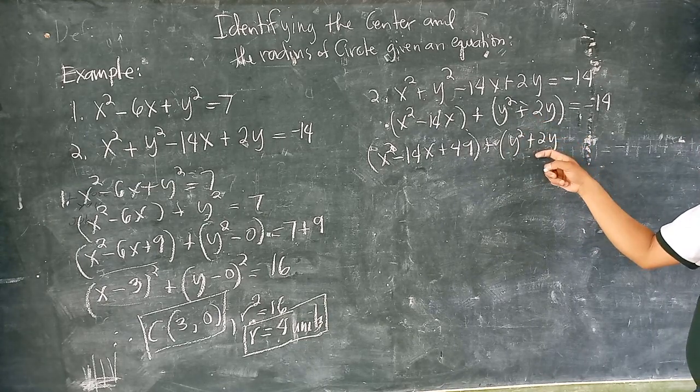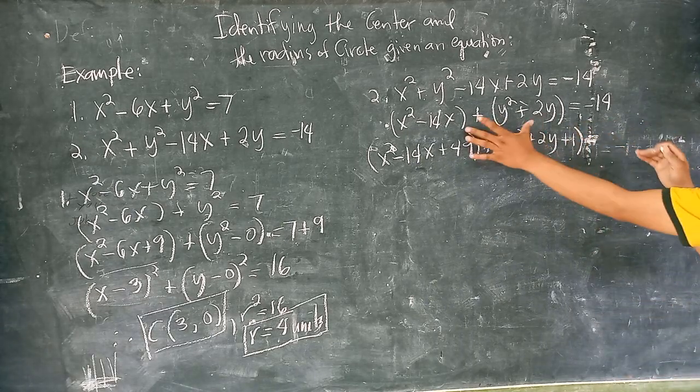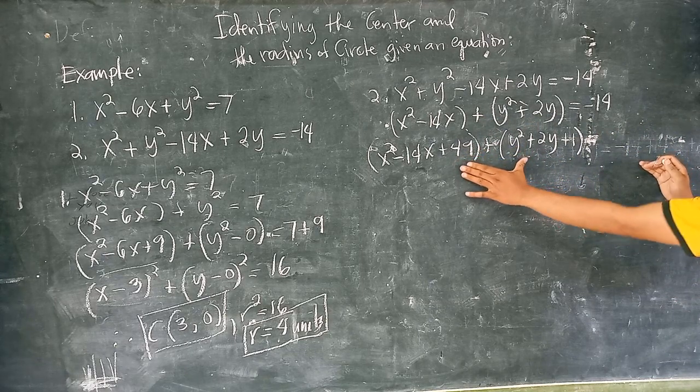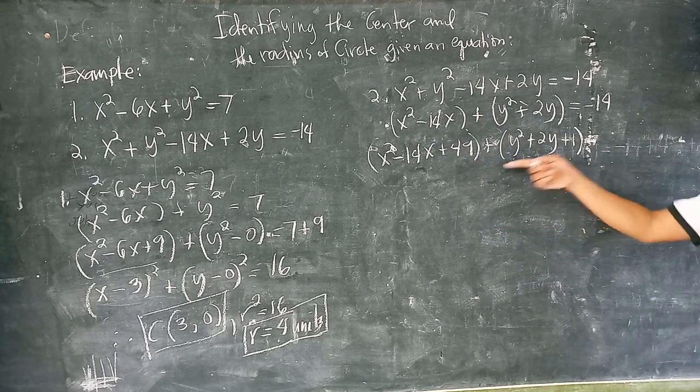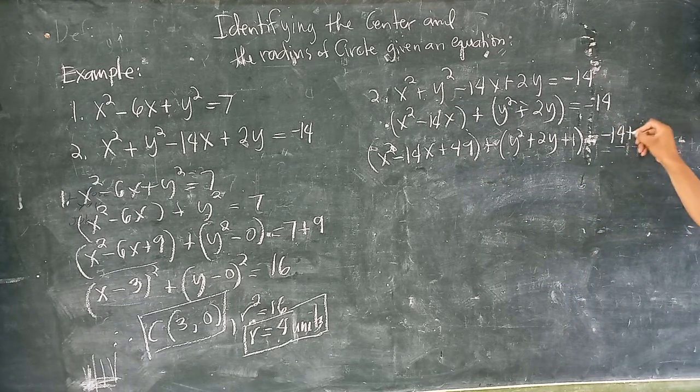For y squared plus 2y, half of 2 is 1, and the square of 1 is still 1, so plus 1. Remember again, whatever constant you have added on this side, you need to also add on the other side. So negative 14 plus 49 plus 1.